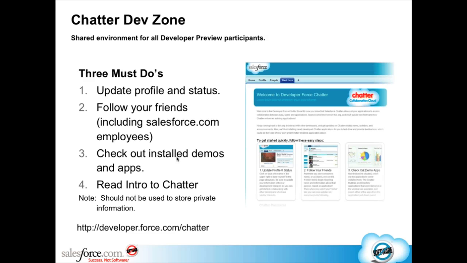Okay, so the question is, can this be enabled by profile? At what level are we enabling Chatter and enabling the users to use Chatter? At the moment, enabling Chatter is an org-wide setting. When you enable Chatter for your org, every single user is going to get a user profile page, and access to the People tab, the ability to find and follow other people, the ability to post status updates and post messages on other users' walls.